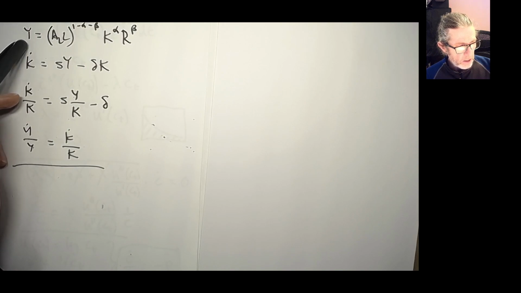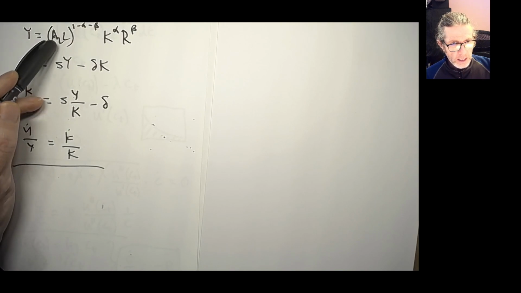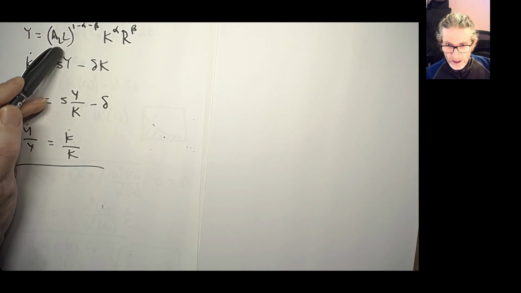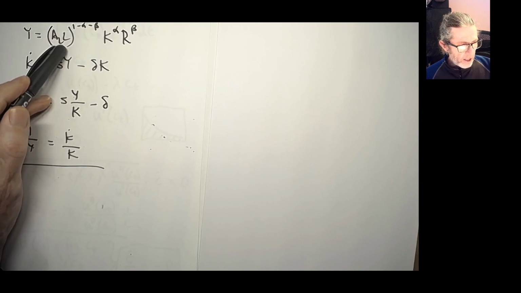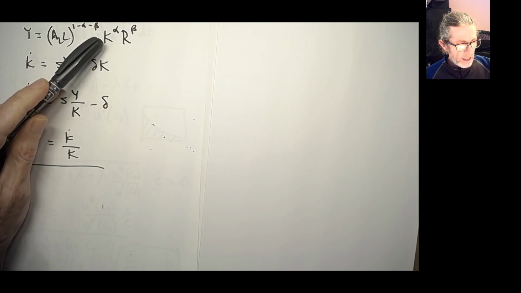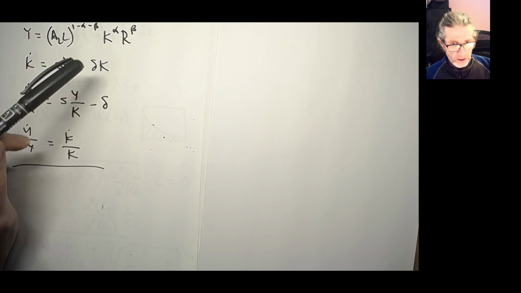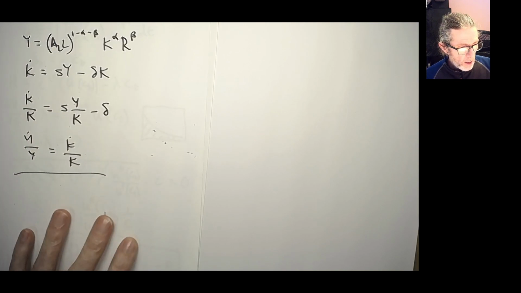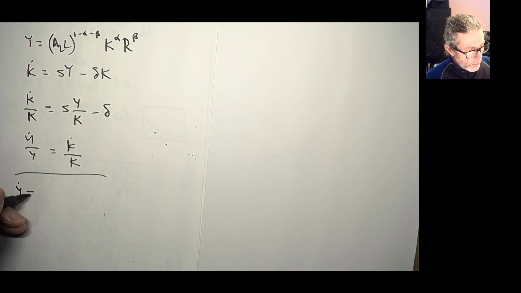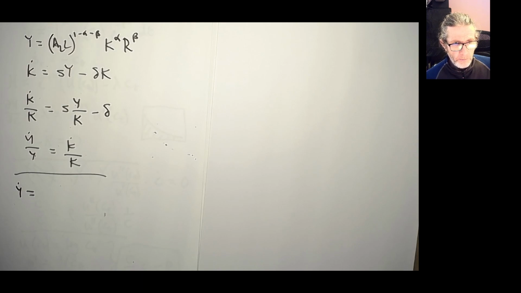Well, dY/dt is dY/dAL times dAL/dt plus dY/dL times dL/dt plus dY/dK times dK/dt, etc. We're going to assume no population growth here, so we can drop dY/dL.